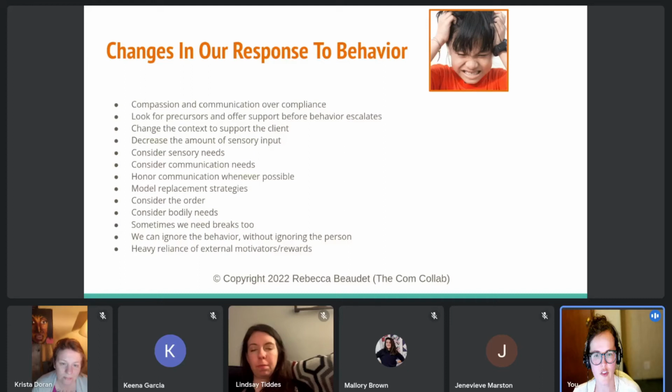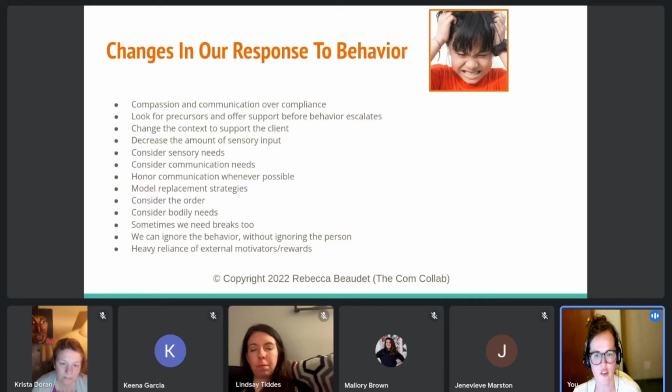If they're an AAC user or a text board user, or they use like a core board, are those things within reach so that they can communicate their needs? Honor communication whenever possible. Again, it's about communication and collaboration. If someone is asking for something, within reason, try to honor that.